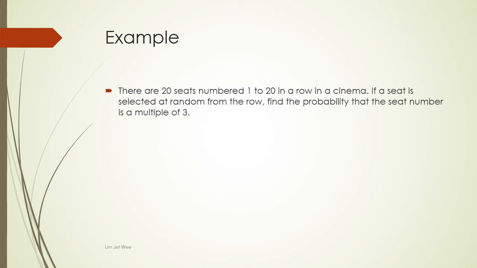If you want to try this question out on yourself, I suggest you pause the video, because I will be going through the steps as well as the answer in a short while.